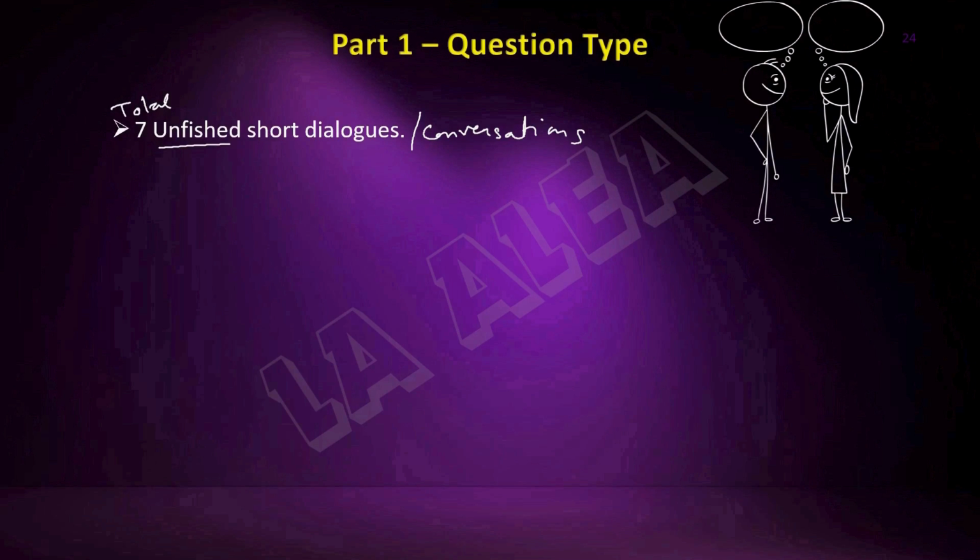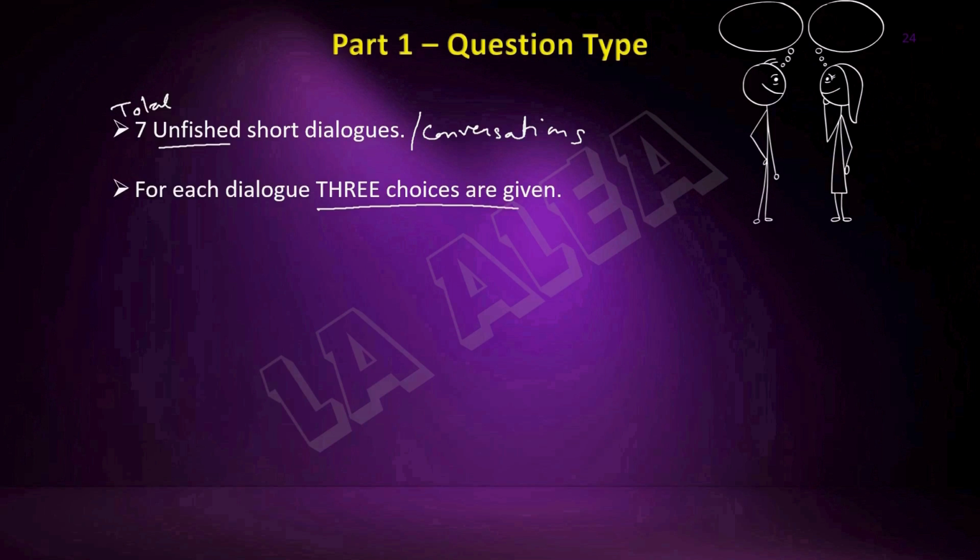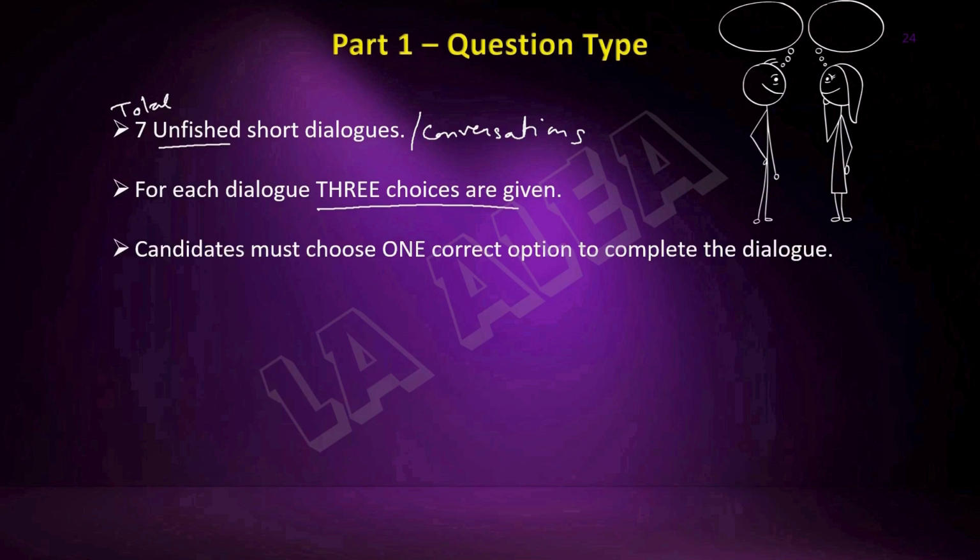For each audio, you will be given 3 answer choices, and you have to select the one correct option to complete that audio. That means you will listen to the audio and figure out from the 3 given choices which option is the best fit to complete the conversation.